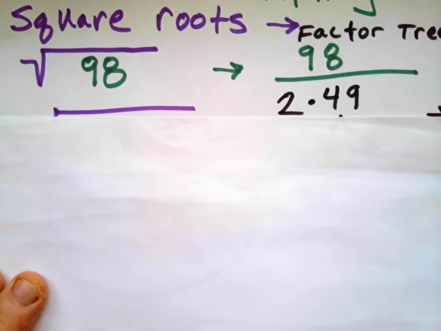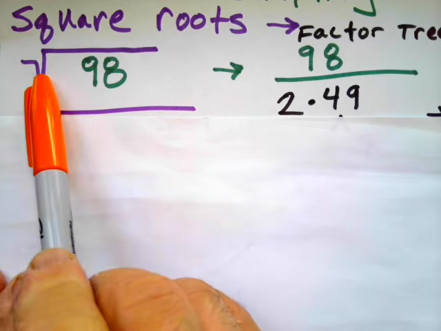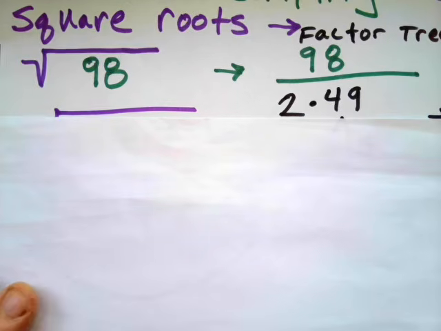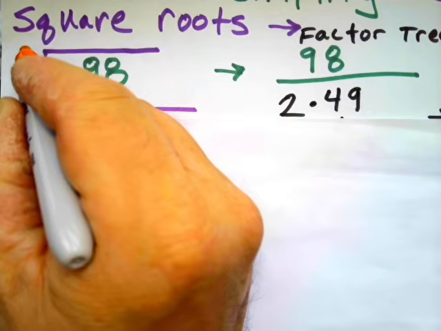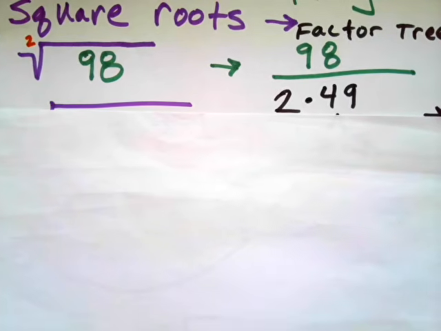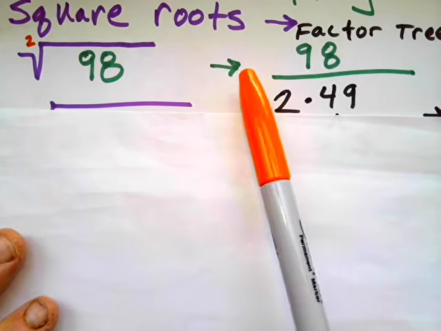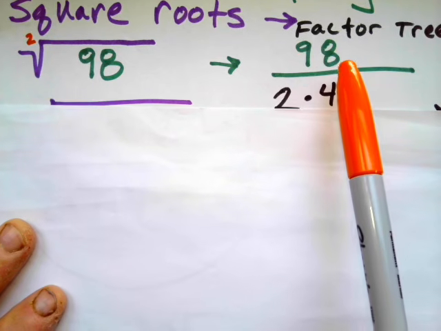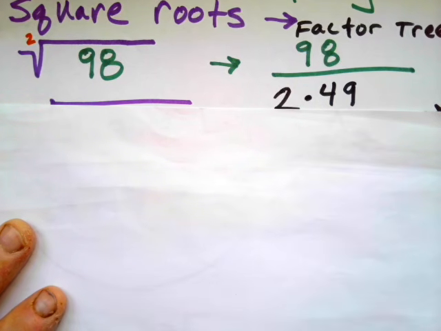Square root, and again, this is the only one of the radicals that does not put a 2. You're supposed to just assume that you need to find two perfect pairs. The next step is breaking down that 98 into all of its smallest multiples.